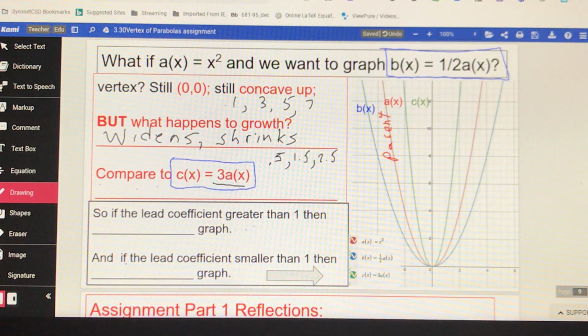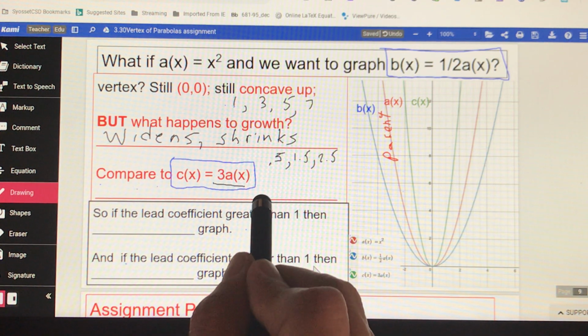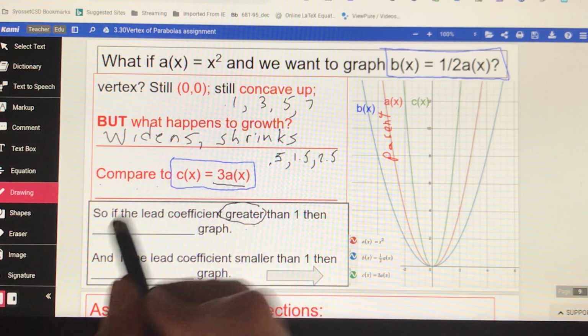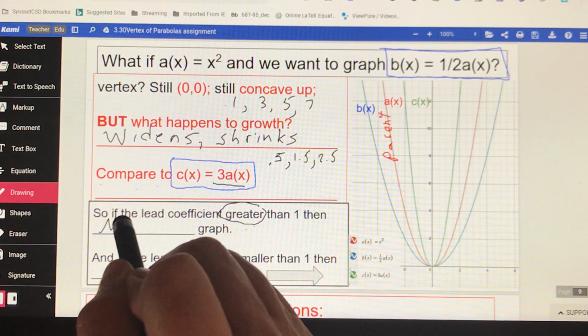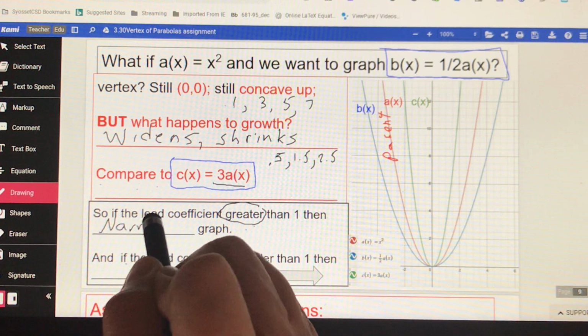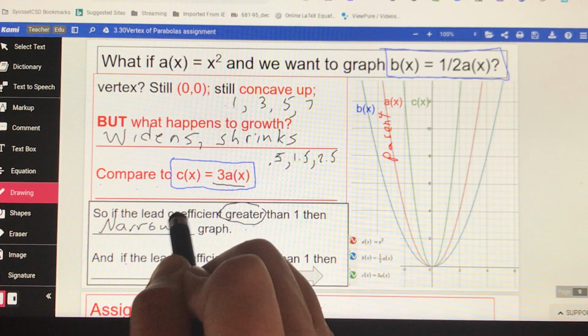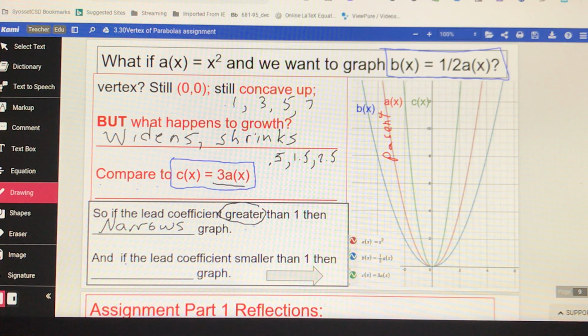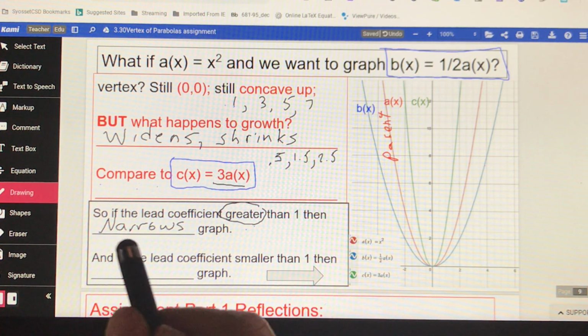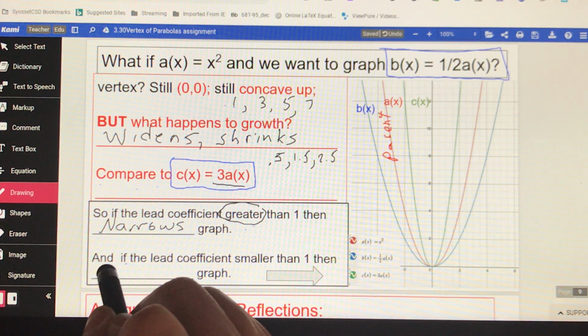So when the lead coefficient is greater than 1, we know our graph is going to be narrower. And if the lead coefficient is smaller than 1, like some type of fraction, the graph is going to widen.